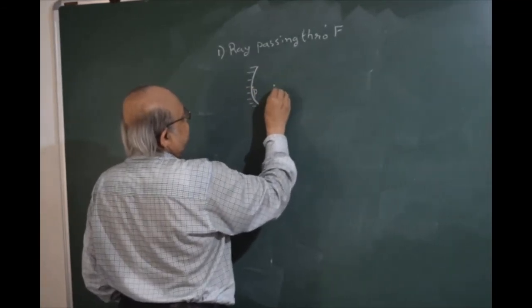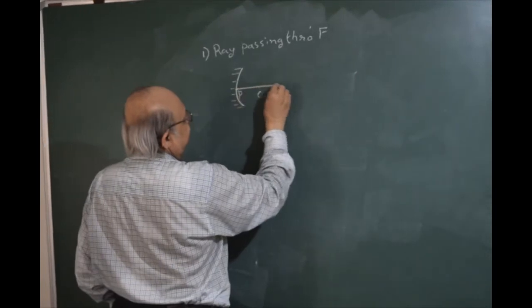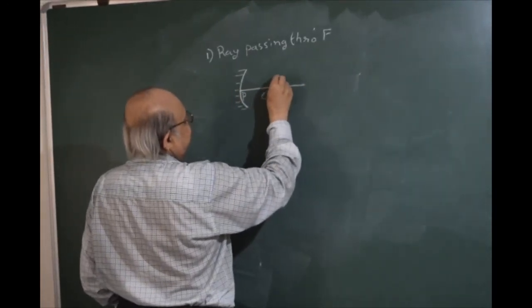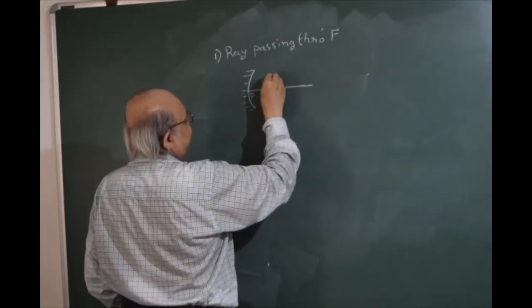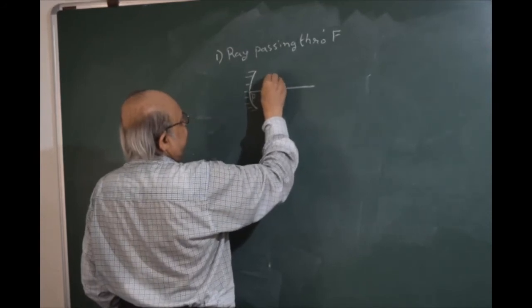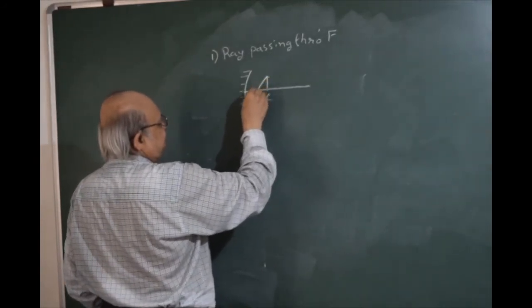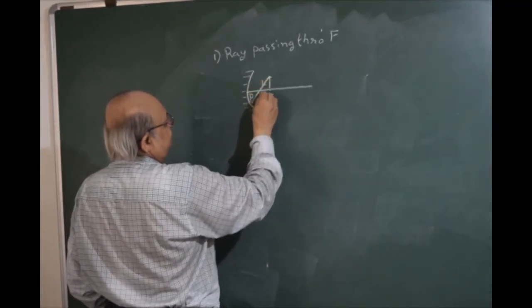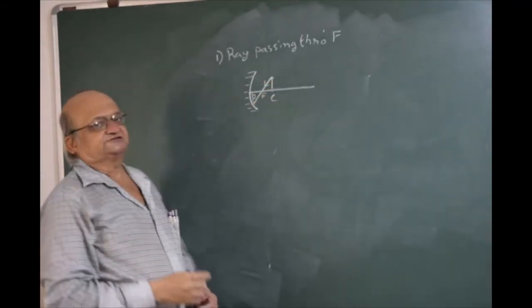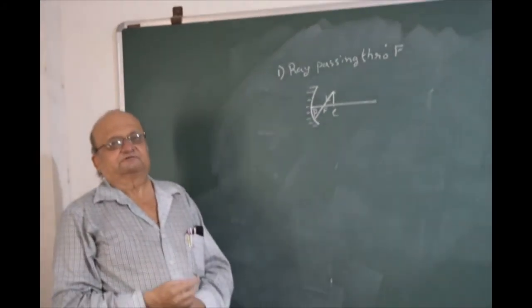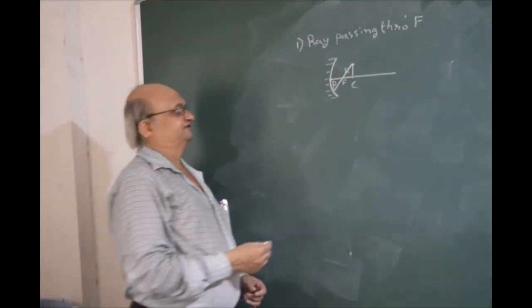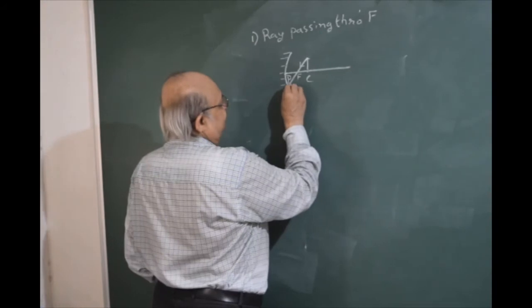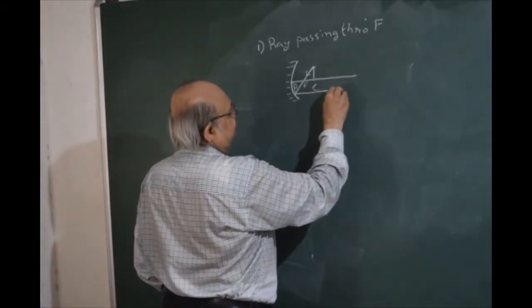Principal focus, center of curvature, principal axis, we put it here, object, and this is the incident ray passing through the principal focus. What will happen to this ray after reflection? It will become parallel to the principal axis.